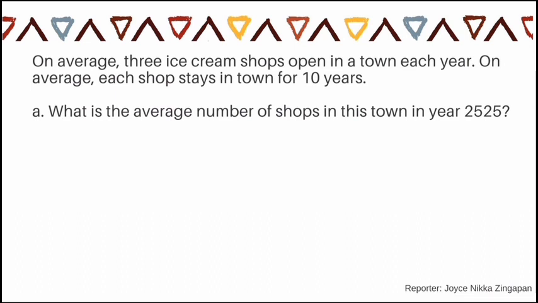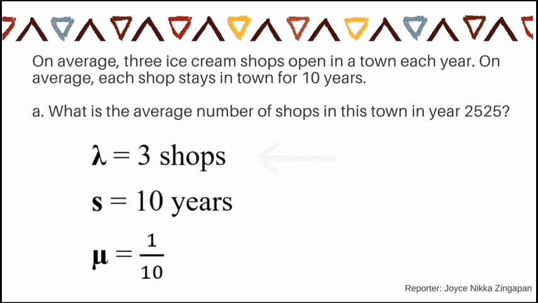So the 3 ice cream shops would be the arrival rate, hence λ equals 3 shops per year, and μ, the service rate, is 1 over 10, since 10 years is when the ice cream shop would close and leave the system.